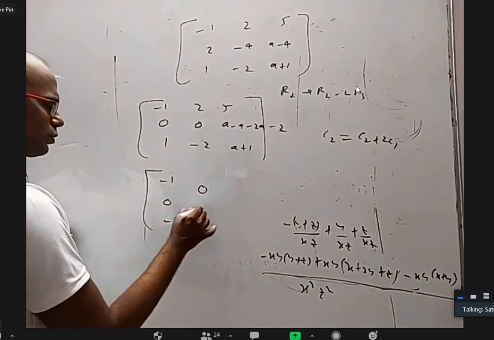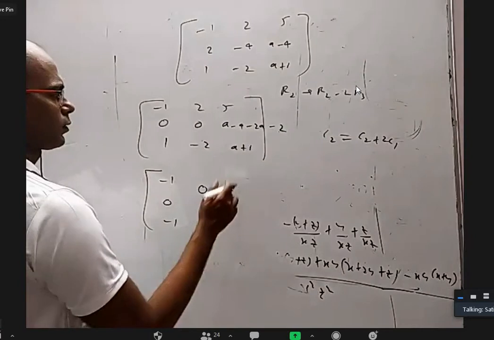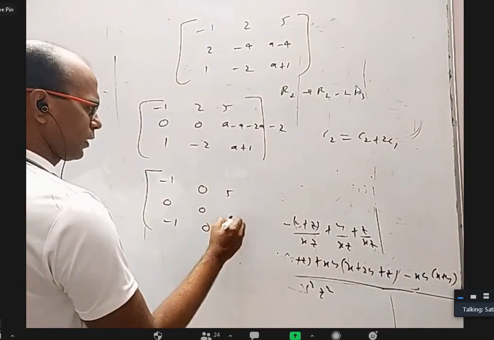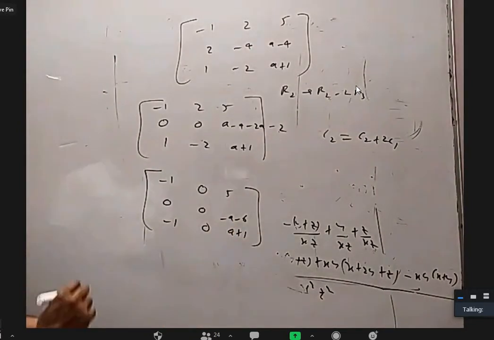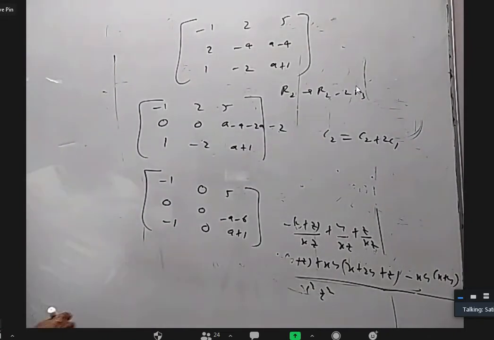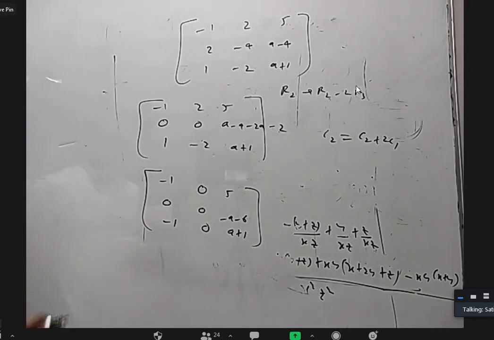This will become 0, 0, 0. This is 5. And this is minus a minus 6 and a plus 1. If I wanted one more 0, I can get it. For this, I can add this and get a 0 here. But anyway, the thing is the 3 by 3 determinant is 0, no doubt. Is it that every 2 by 2 determinant is 0?